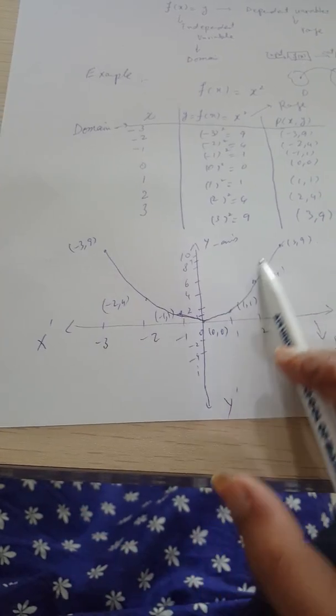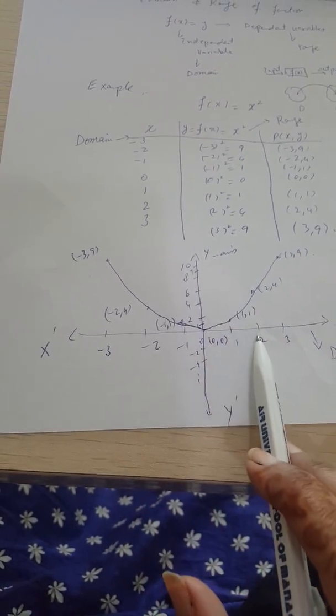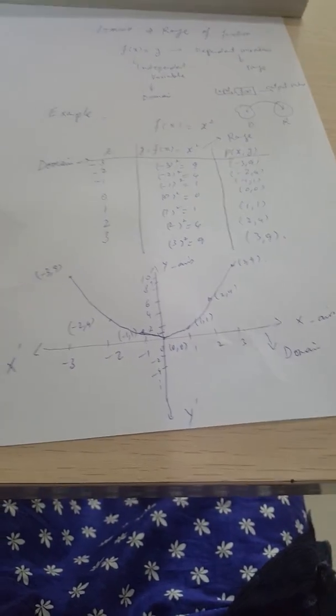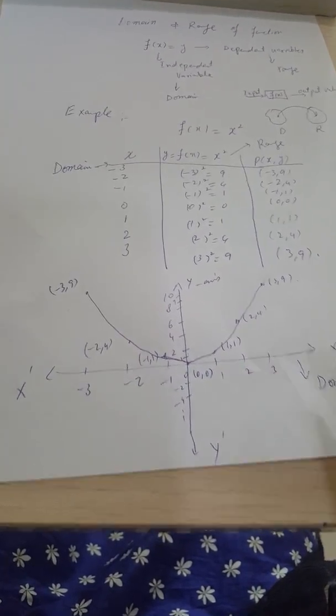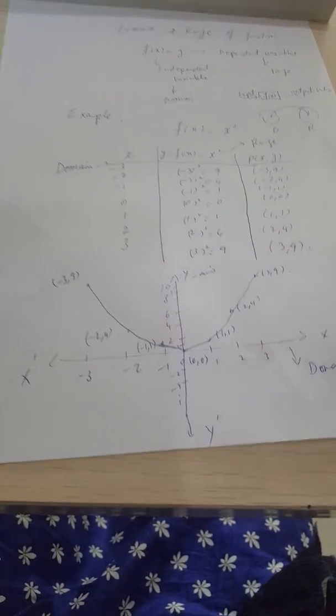From here to here on the x-axis is called the domain, and on the y-axis it is called the range. Basically, this is the equation of the parabola y is equal to x square. Okay, thank you.